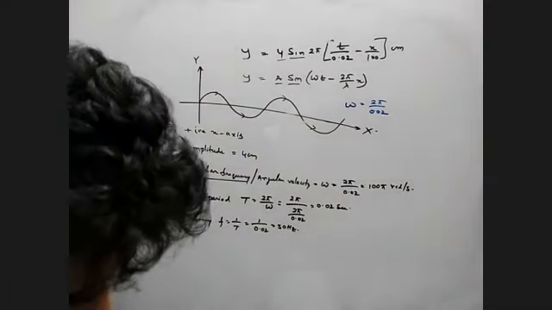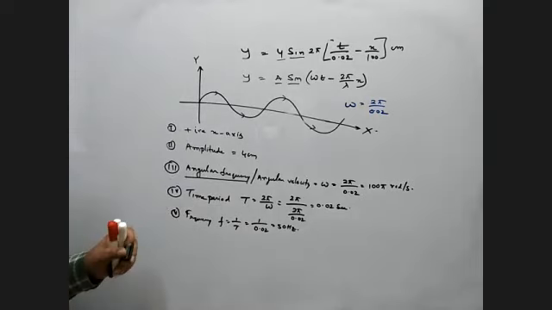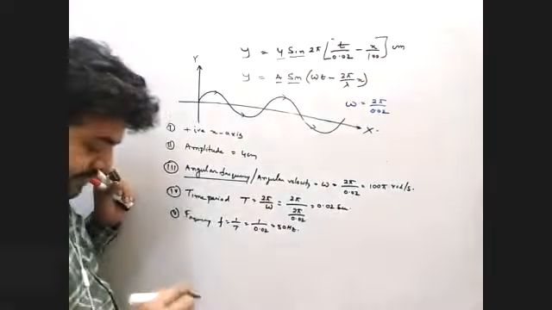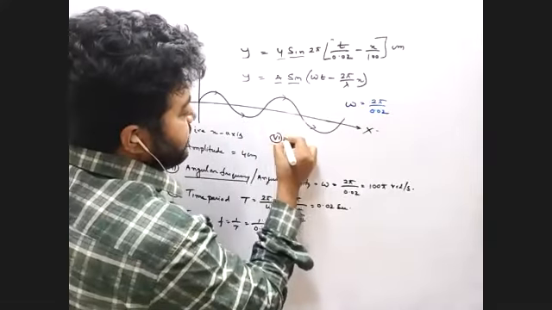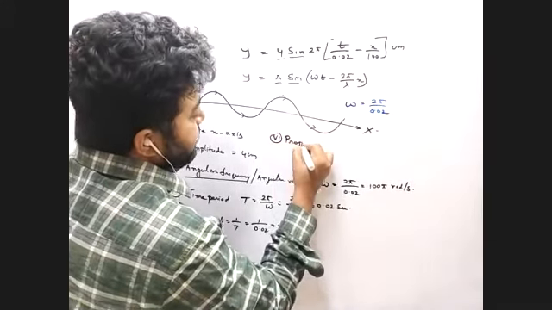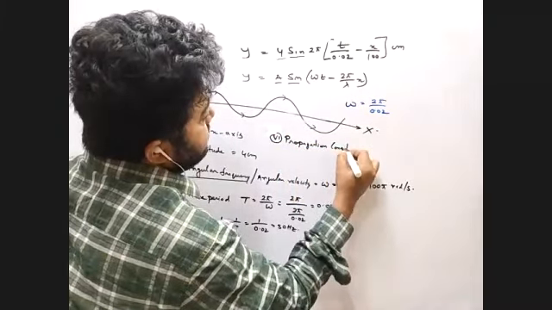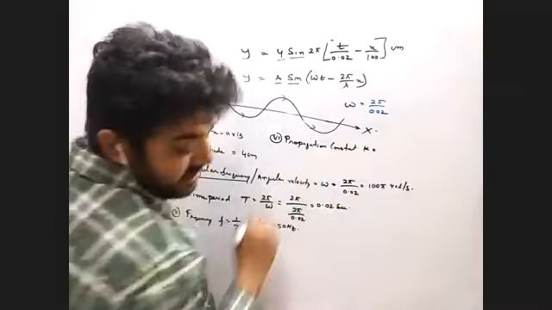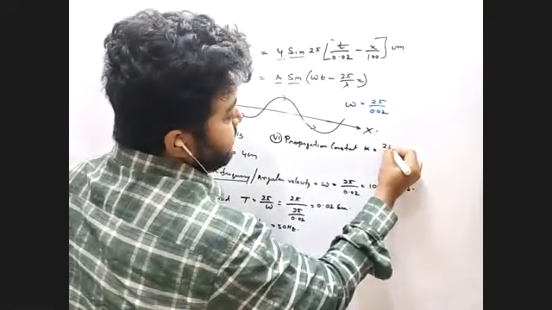After that, what you have to find out? Propagation constant. Yes, that is very, very important. Number 6 is called the propagation constant, which is represented by K, that is equal to 2 pi by lambda.